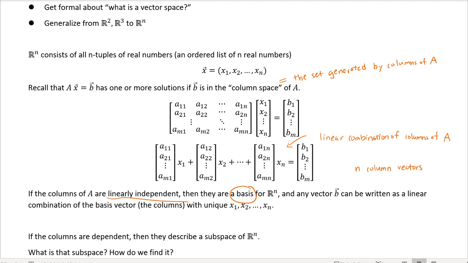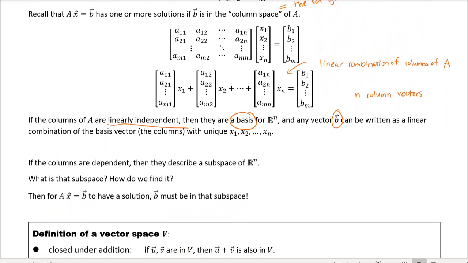Do you remember what a basis is? A basis can generate the entire vector space. So the basis has, in this case, n vectors and they are linearly independent. Any vector in the vector space Rn is a linear combination of the vectors in the basis. So now you can see any vector b can be written as a linear combination of the basis vectors with unique x1, x2, up to xn.